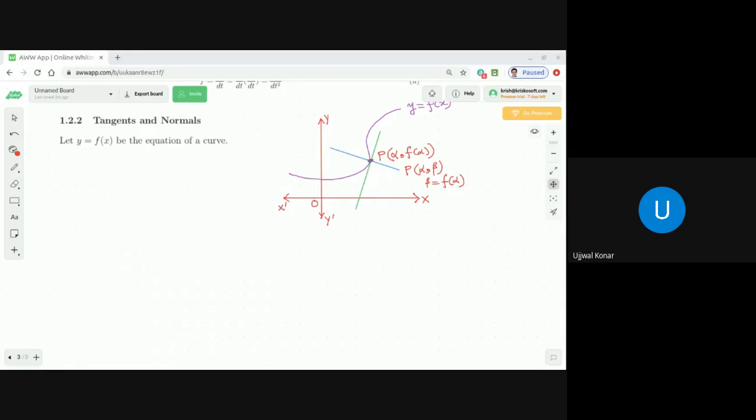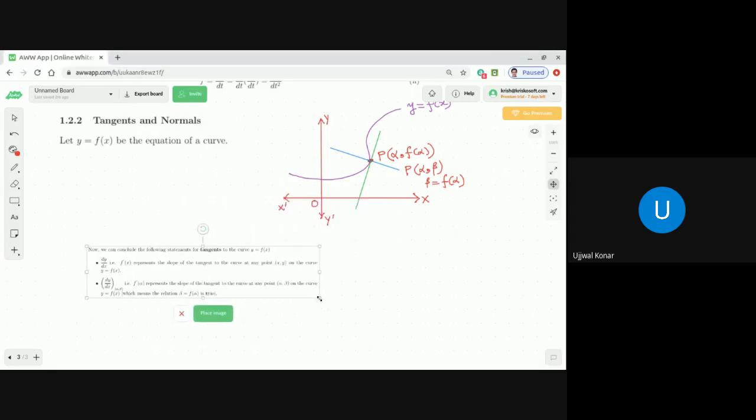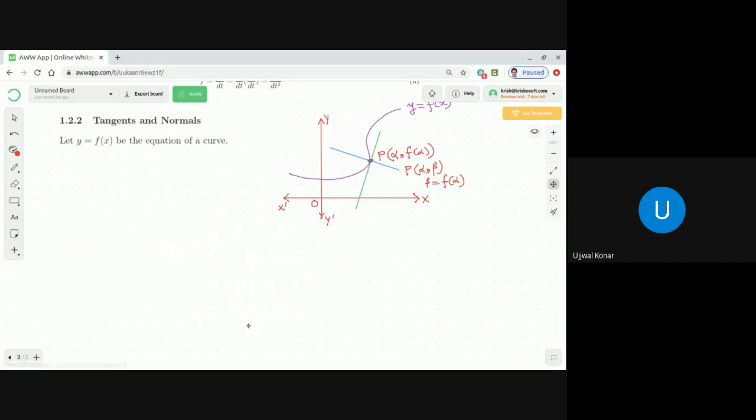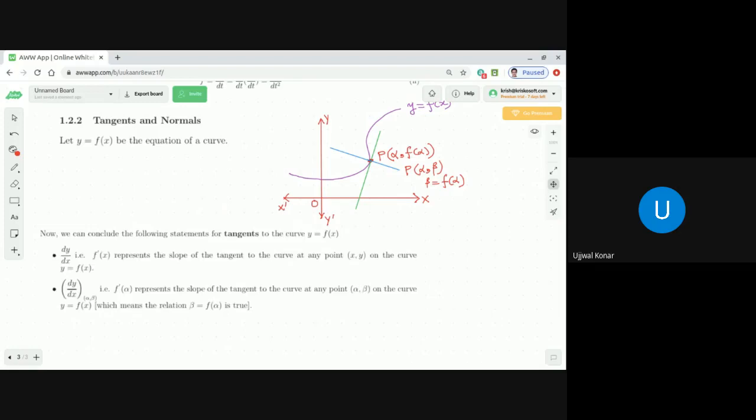So please have a look at the following two statements, dear students. Now we can conclude the following statements for tangents to the curve y equal to f(x). dy/dx, that is f'(x), represents the slope of the tangent to the curve at any point (x, y) on the curve y equal to f(x).